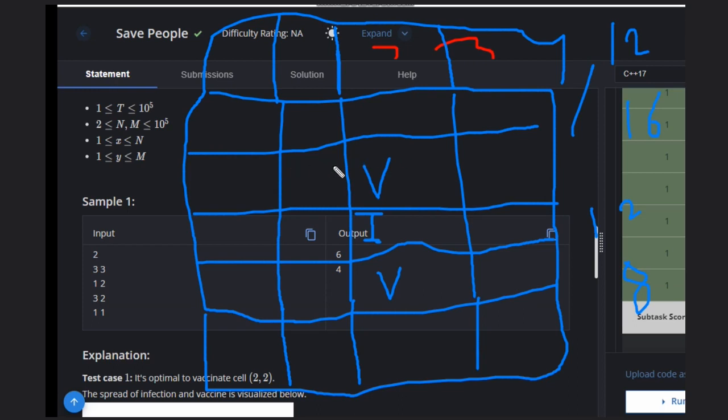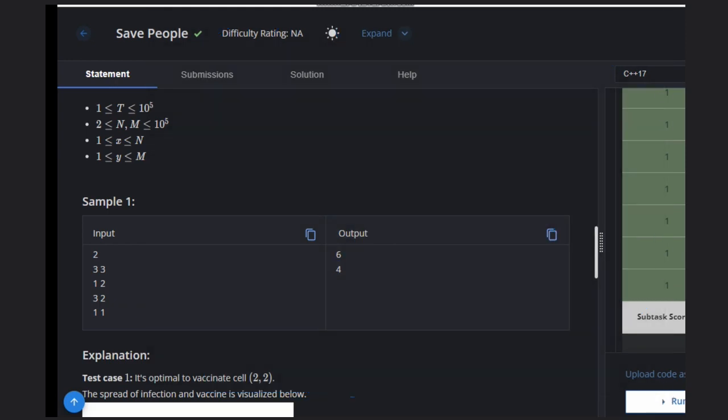So what we actually need to decide is whether to place it here or on this side. How can we decide that? We need to calculate two values. One will be top down, which will be the maximum of n minus x, comma x minus 1.